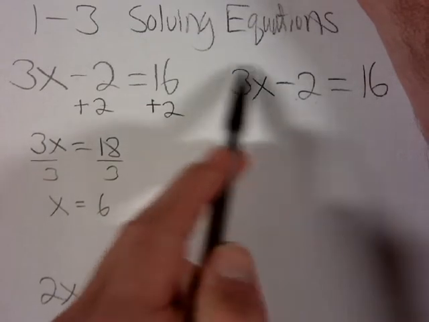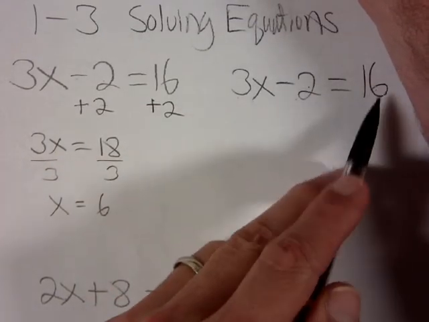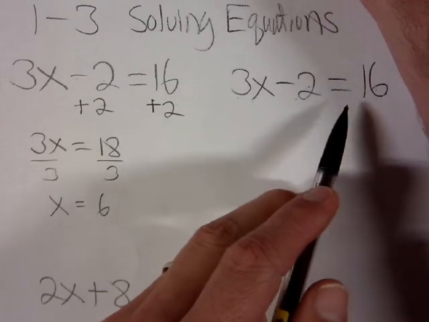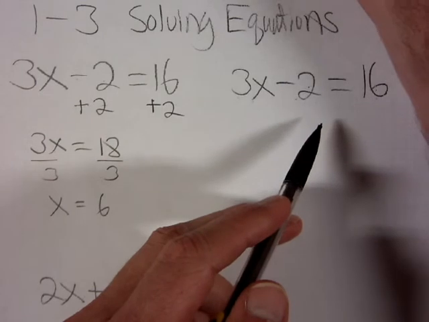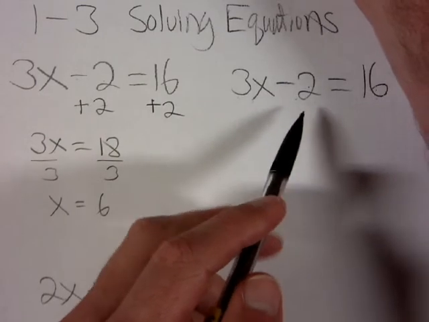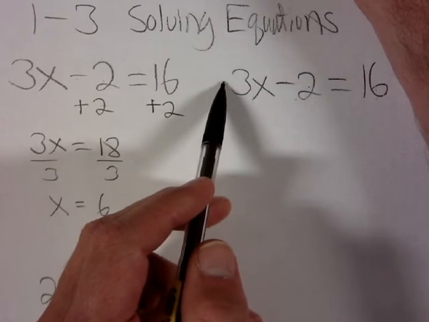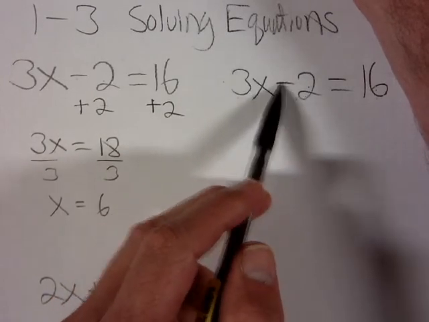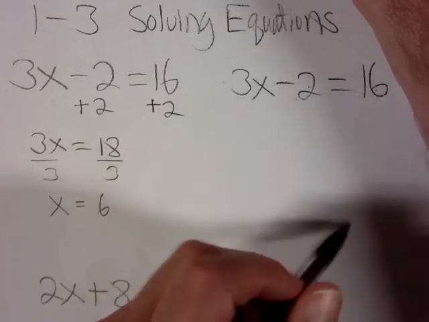So 3x is a term, 2 is a term, and 16 is a term. Now, the sign in front of the term goes with the term. So if you want to figure out whether the term is positive or negative, you need to look at the sign out in front of it. Here there's nothing, it's understood to be positive 3x. Here there's a minus, so that means negative 2. Here there's nothing, so it's a positive 16.